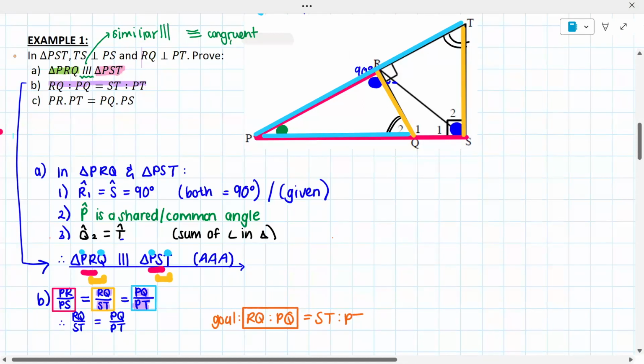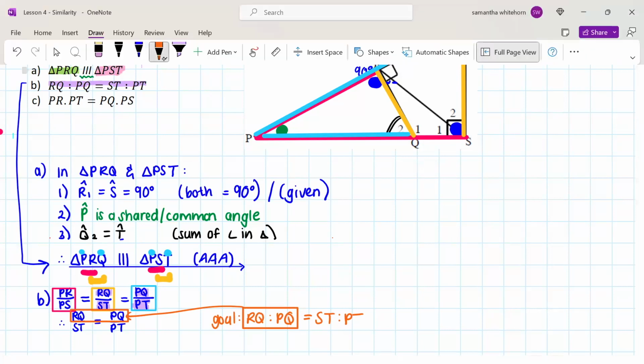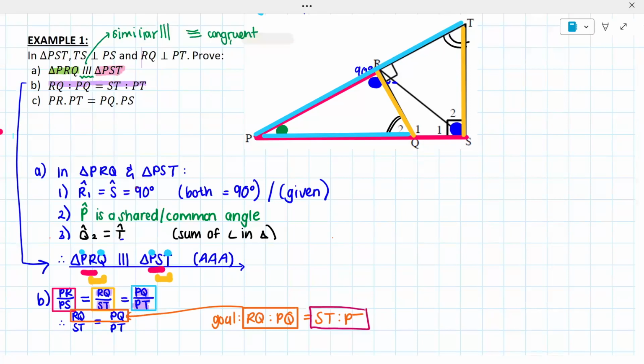In my ratio, I'm comparing RQ and PQ. That is a comparison of the two numerators, which is what I was saying as well. We need to get those two numerators together. And then I'm comparing ST and PT. Those are my two denominators. So I'm making a comparison with those values.